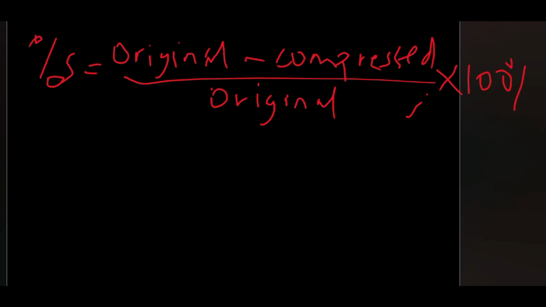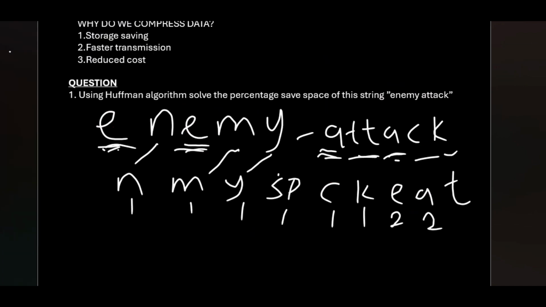Now 12 by 6 is going to give us 96, right? Yes, you have a calculator, you can do that. The letters there were 11, the enemy and then the attack were 11 plus the space, which makes it 12. So every letter there takes 6 bits.